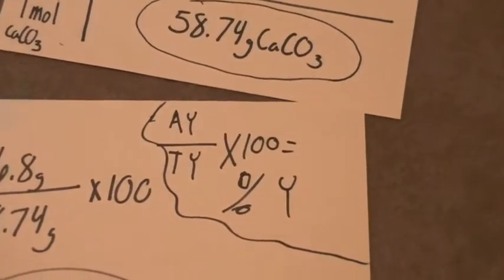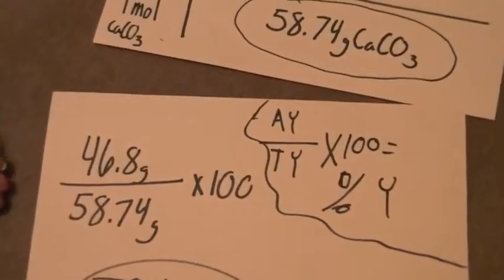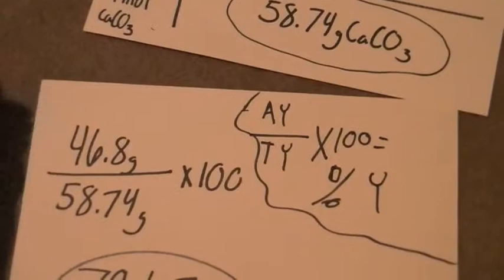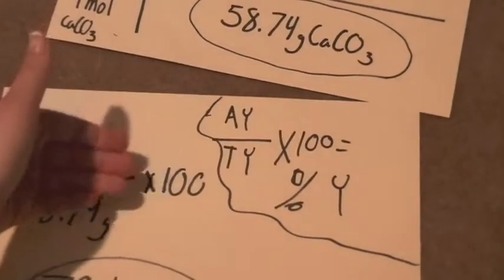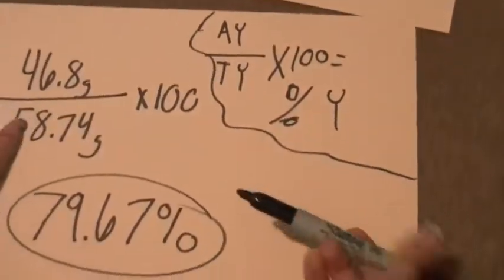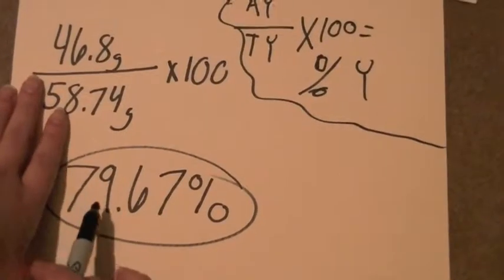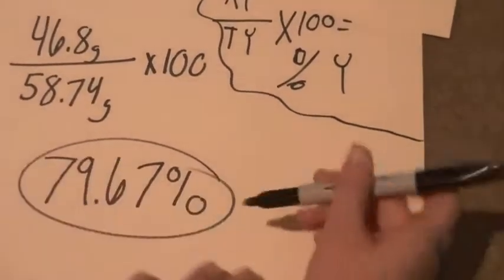So you divide the 56.8 by the 58.74, and then you multiply it by 100, and that gives you 79.67% of calcium carbonate.